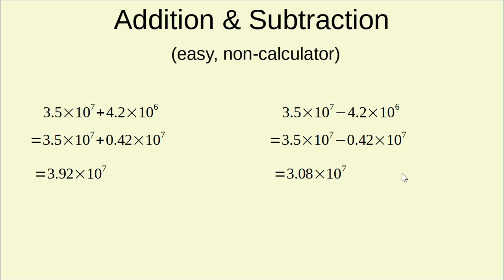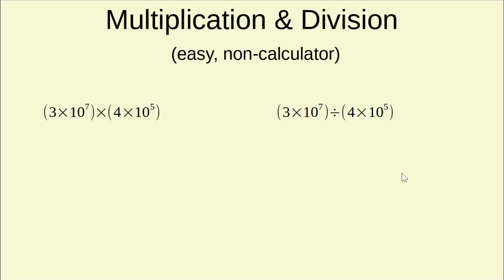Next, multiplication and division. Again, I've just got some easy examples here. It does get a little bit harder than this, but only in terms of the numbers they use. So this will give you the format of what to do. When you see 3 times 10 to the 7 multiplied by 4 times 10 to the 5, we make those into two different multiplications.